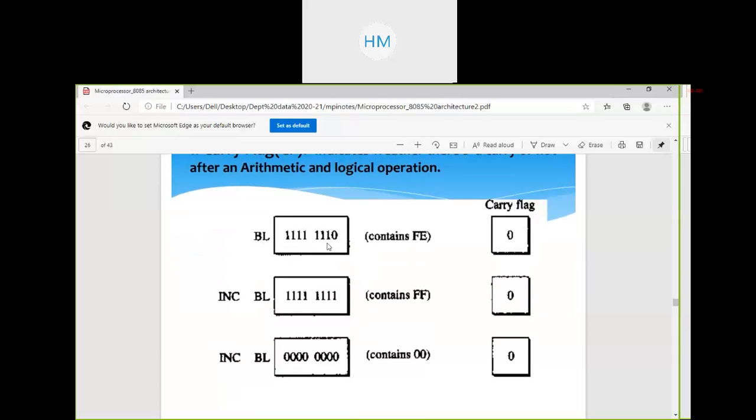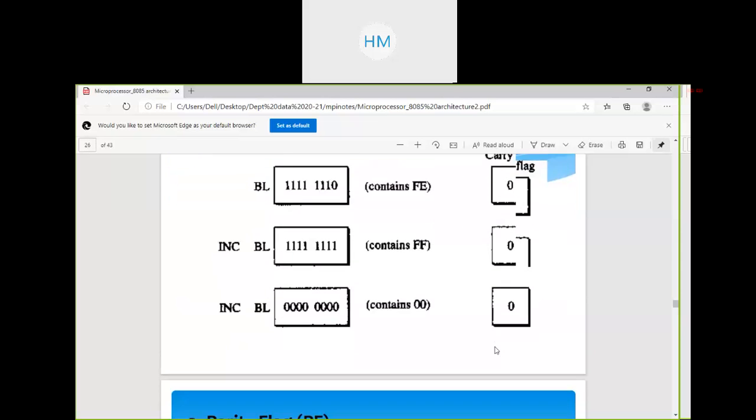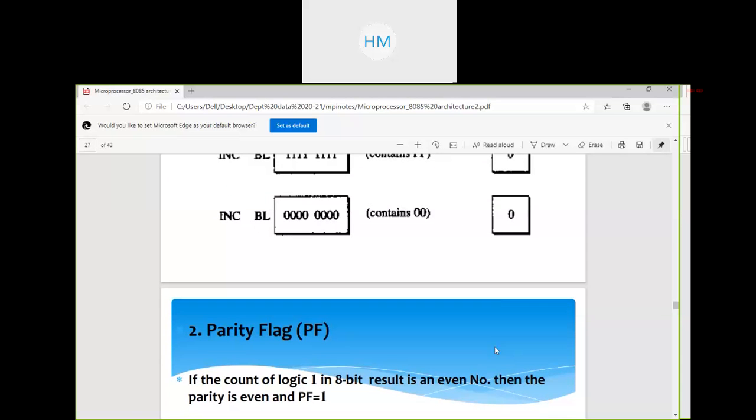If I increment this data, INC is the incrementing operation, 1 will be generated over here. It contains FF. Carry flag status is 0. Again, if I increment, carry flag status is 0, because this result doesn't produce any kind of carry. So carry flag status is 0.